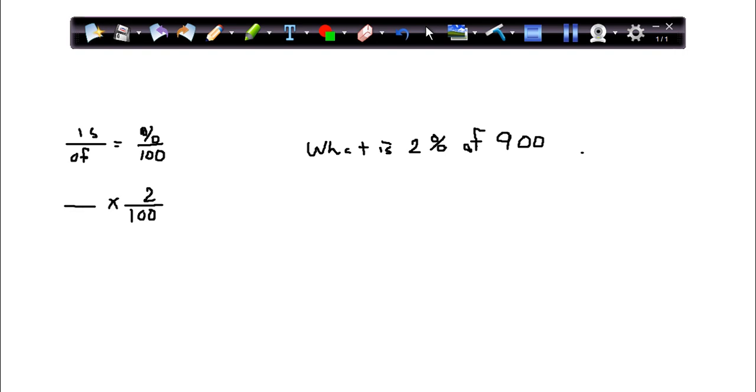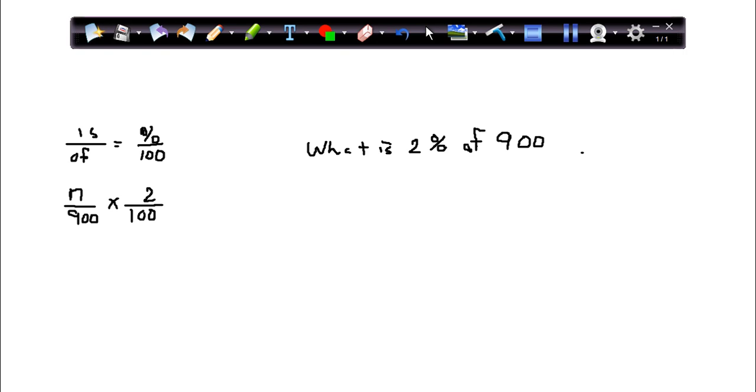The of is 900. So all you're doing is using a formula and plugging the values in from the question. What we don't know, the unknown, is the is. What is 2% of 900? I use n as the unknown variable. You can use x, p, t, whatever. I use n.